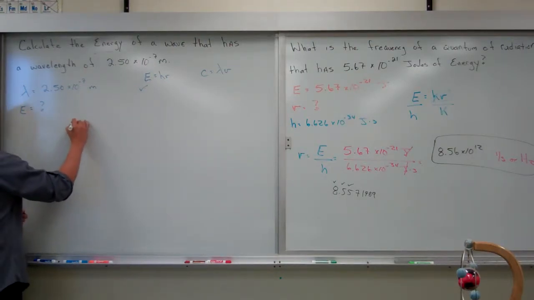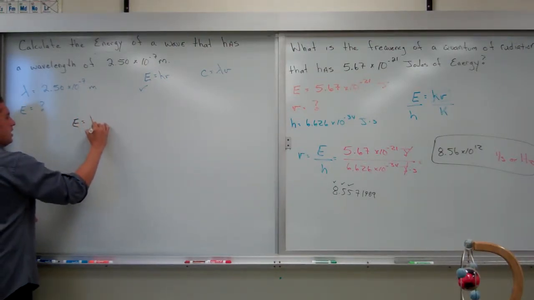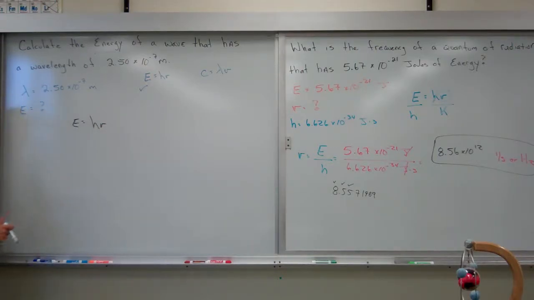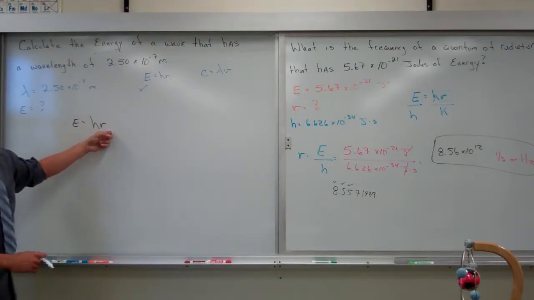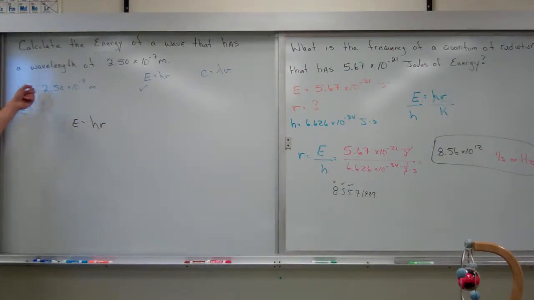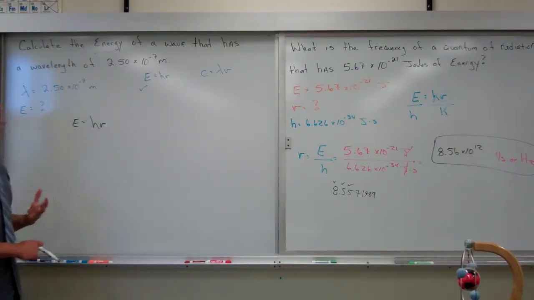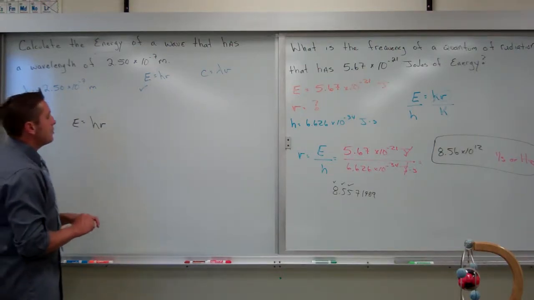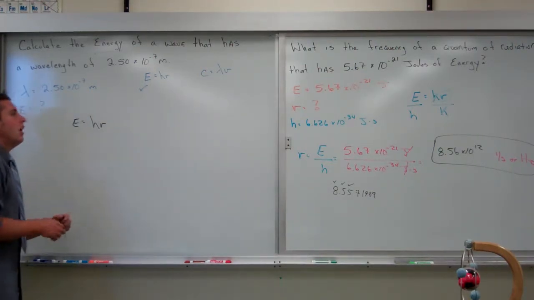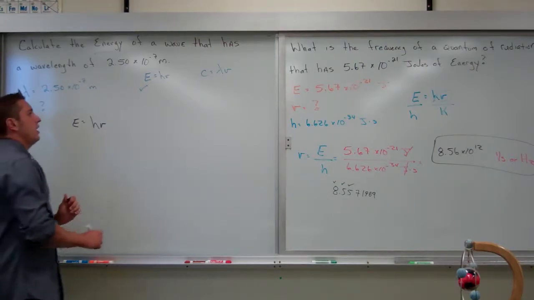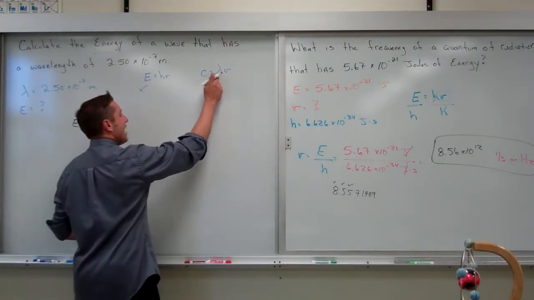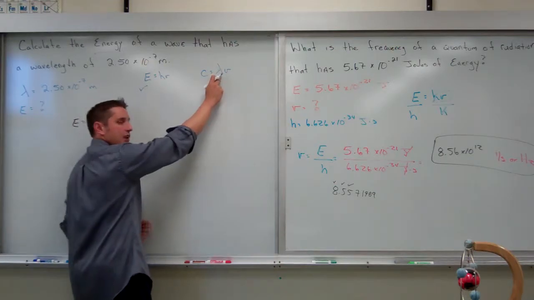So we will have E equals hv. Here's the catch. We don't have v. We have the wavelength. So what's going on here is we have to do a problem from math class called a substitution. This equation has v in it and what we know.